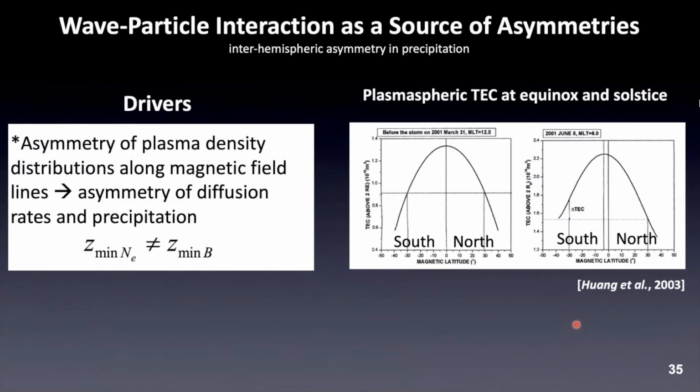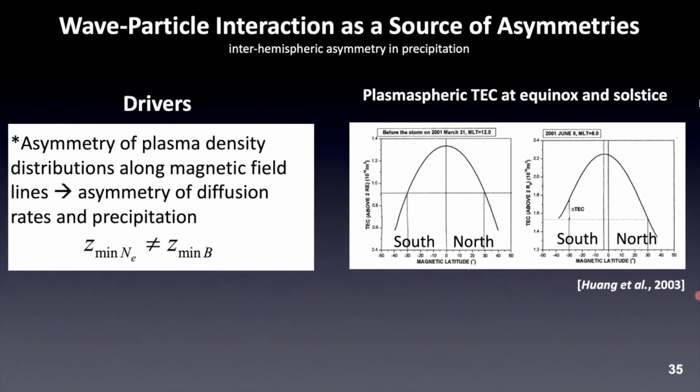the electron scattering rates, as we discussed in the second part of the work, depend on the density distributions along magnetic field lines. That's what we call the density model. This kind of density distribution has been shown in observations: we do see evidence that the density in the two hemispheres can be asymmetric depending on the season, of course. And this can result in different diffusion rates and precipitation rates in the ionosphere of the two hemispheres.